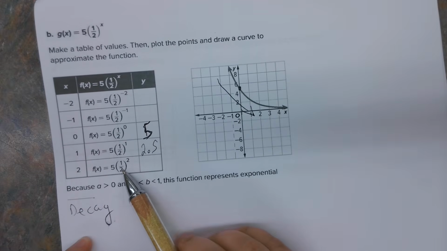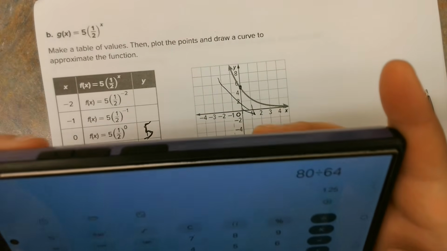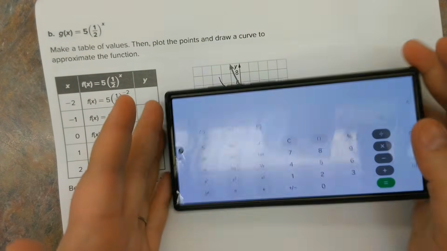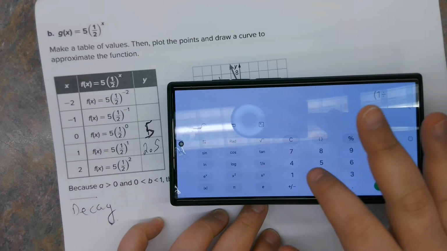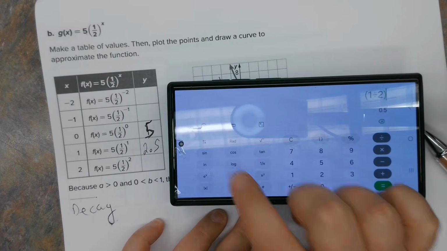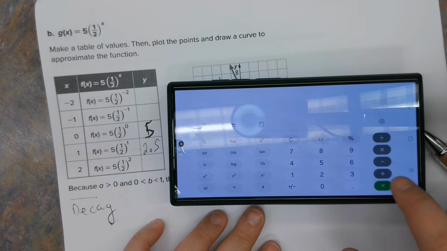Now, put this in your calculator. Let me grab mine. I think I can do exponents on my phone. There we go. Parenthesis 1 divided by 2 parenthesis squared. 0.25, and then I'm going to take that 0.25 and multiply it by 5.